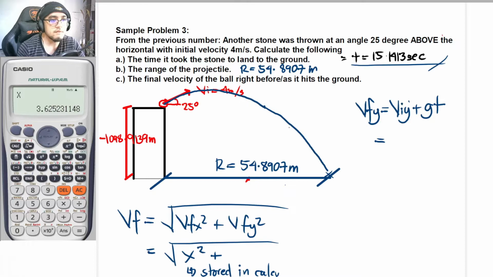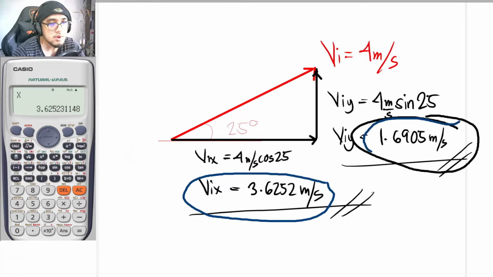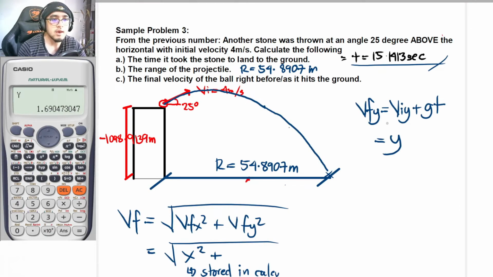For our Vfy, via free falling bodies, this is equal to our Viy plus gt. For our Viy, that is now Y, which is 1.6905. If you can remember, this was stored in my calculator in alpha Y. So 1.6905. So Y plus negative gt, so minus 9.81, of course, times time.